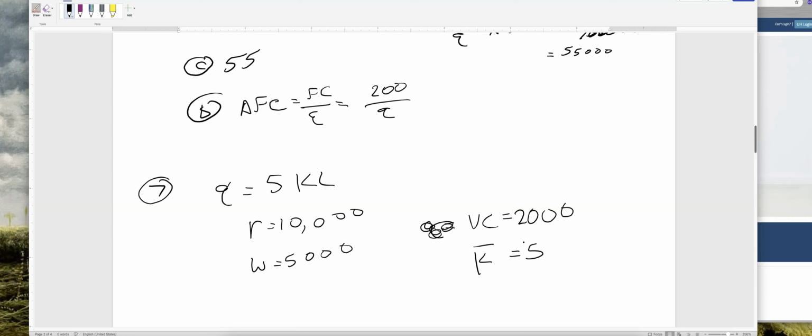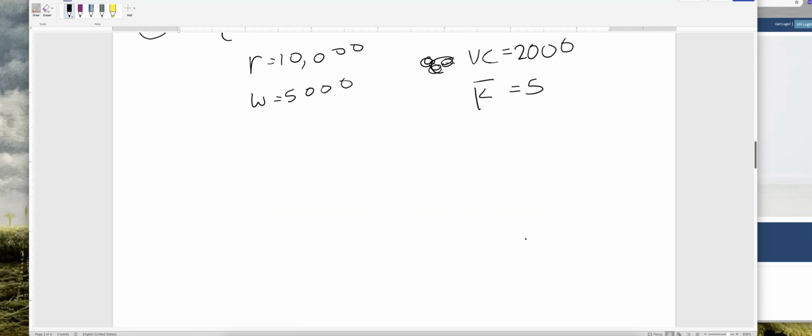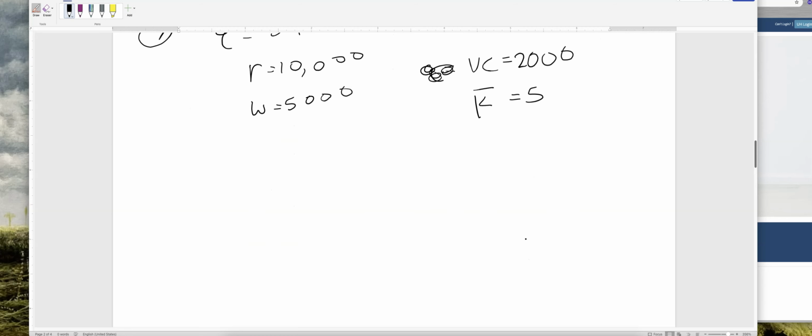In letter A, we're asked what is the cost function for our plant. So in terms of our cost function, total costs here would equal what? 10,000 times the 5, right? Because we know that's how much capital we have.